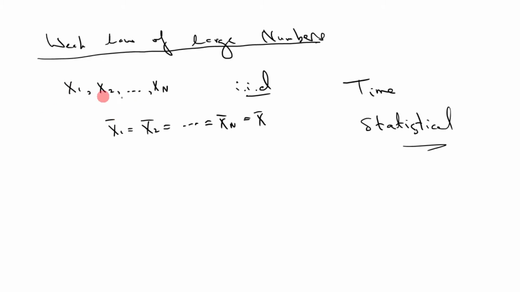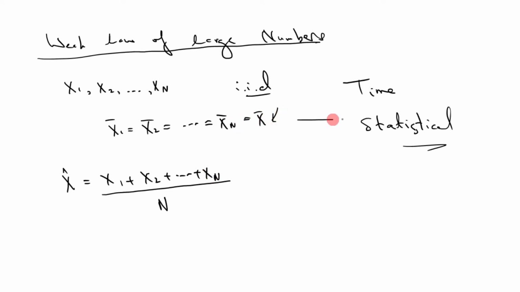If you calculate the time average of these random variables, I am representing this time average with x hat. It will be x1 plus x2 plus up to xn divided by the number of random variables, and this x bar is representing the statistical average.